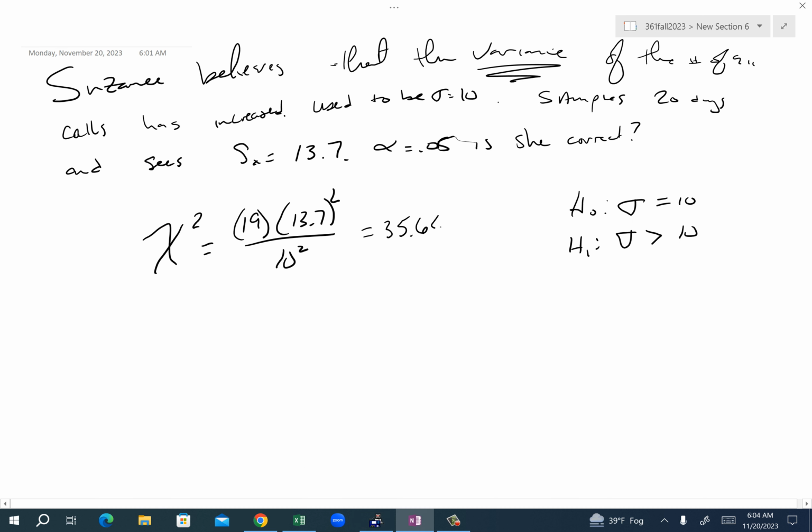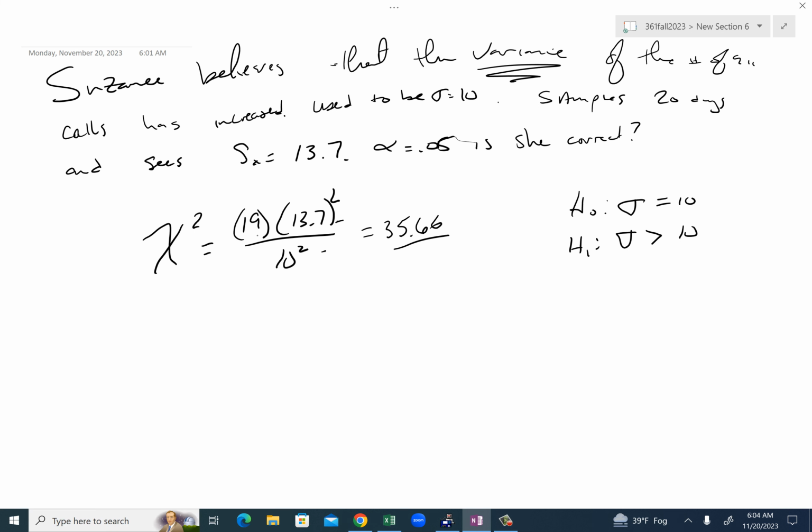Again, if this was a 1-to-1 ratio here, you get about 19, which puts you pretty much smack dab in the middle. We're bigger than that.